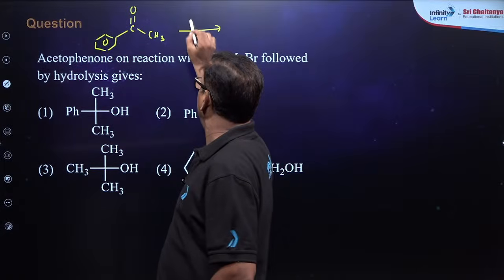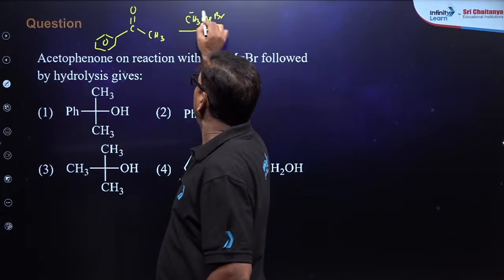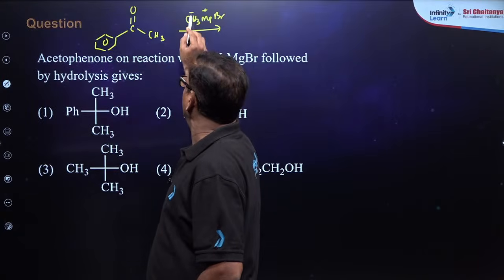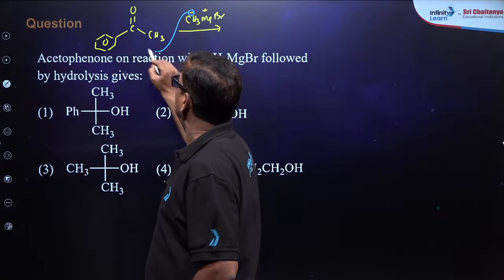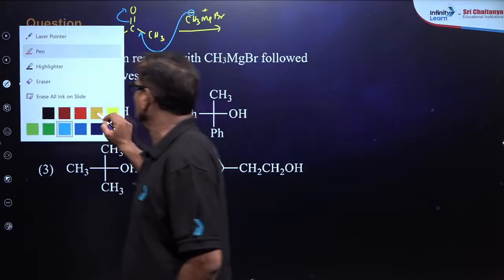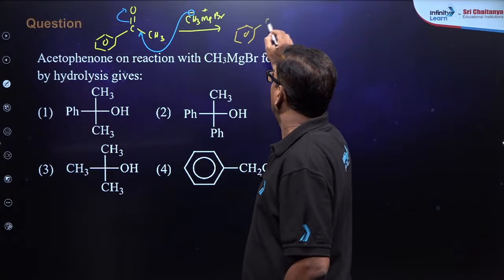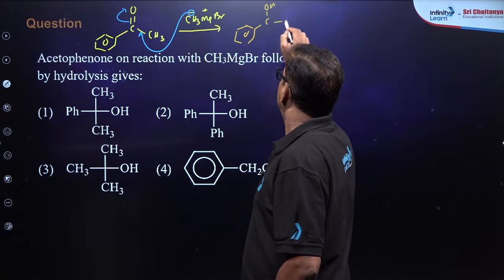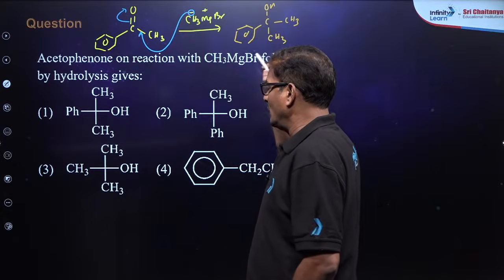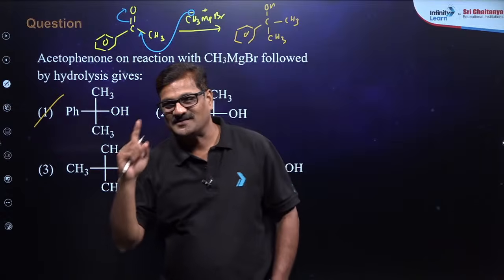When it is treated with CH3MgBr, the Grignard reagent is going to be an excellent nucleophile and can react here. So followed by reaction, you are going to get OH, CH3 and CH3. So I want to say option 1 is the correct answer for this question.